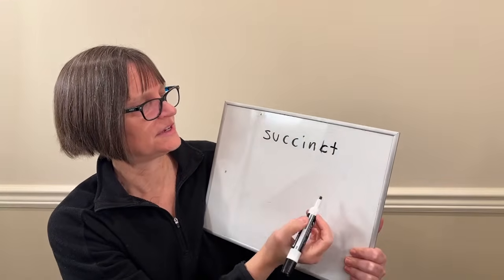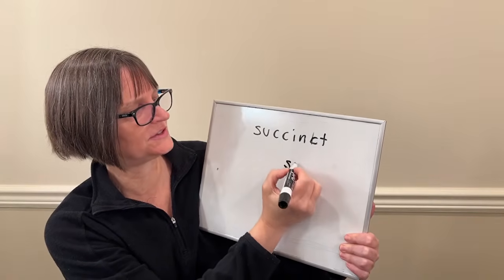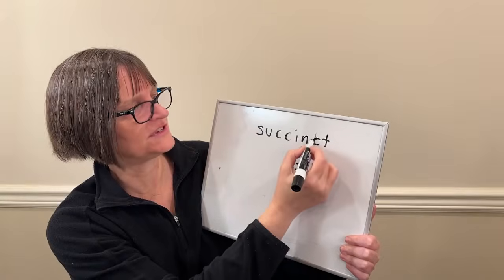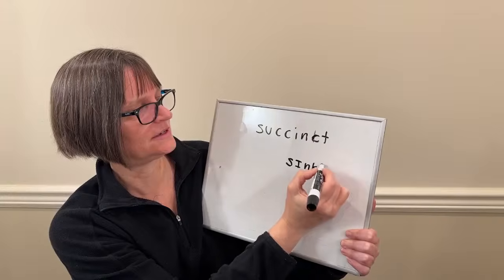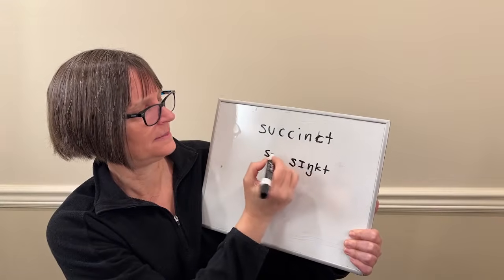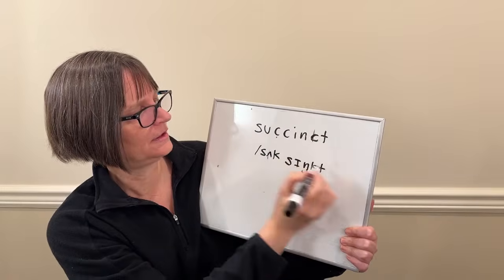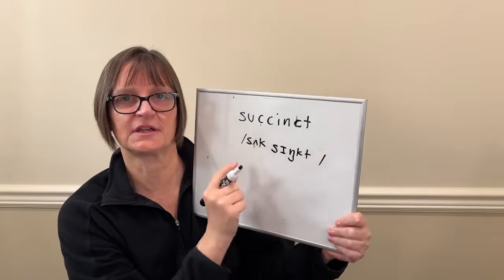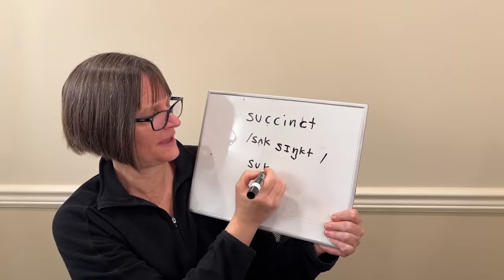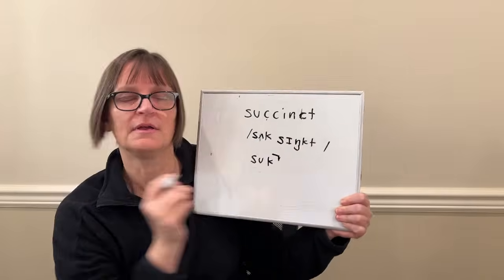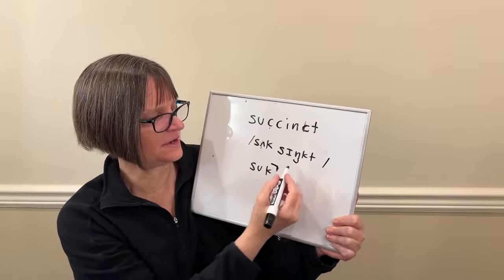So succinct, there's three C's. The second one says the S sound. This one says the K sound. So succinct. And the first C says the K sound as well. So to be succinct, we don't really hear this K. We're going to stop the air for it, but I'm not going to release it, because the next sound is the S sound.